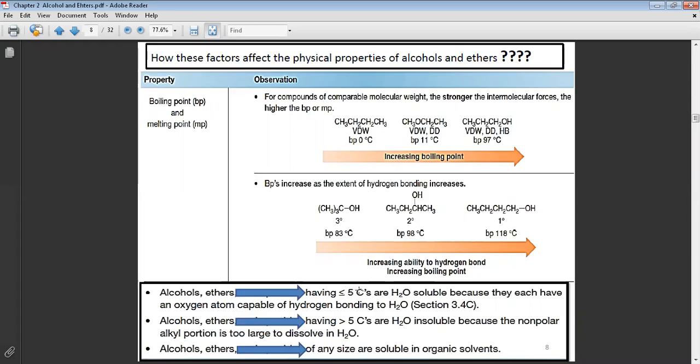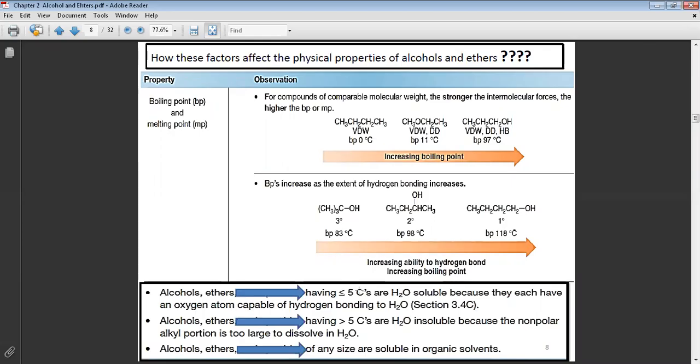Propanol can be soluble in the water, because they each have an oxygen atom capable of making hydrogen bonds with the H2O. If you have hydrogen bonds between alcohol and the H2O, the molecules can be dissolved with each other to be soluble in the water.